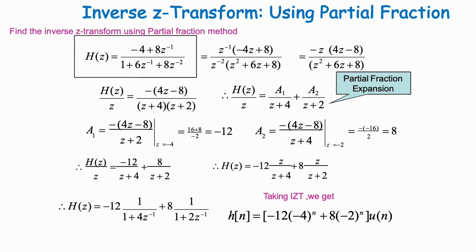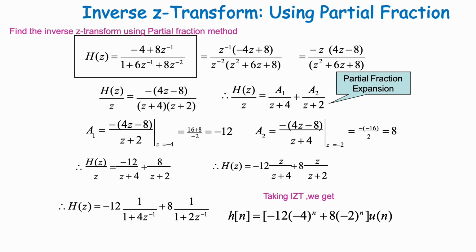The next one, inverse Z transform using partial fraction. All of you know very well about the partial fraction method. What is meant by partial fraction? The problem is given: H of z is equal to minus 4 plus 8 z inverse divided by 1 plus 6 z inverse plus 8 z power minus 2. First, look at the highest power in the numerator or the denominator.